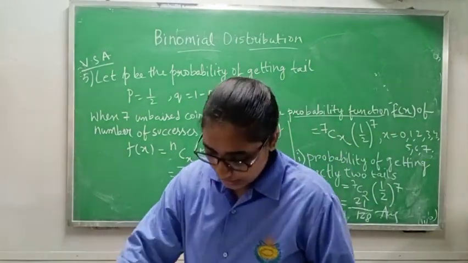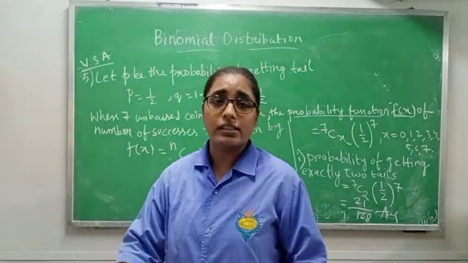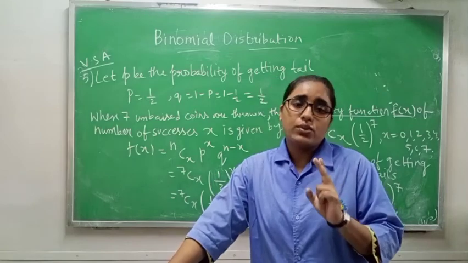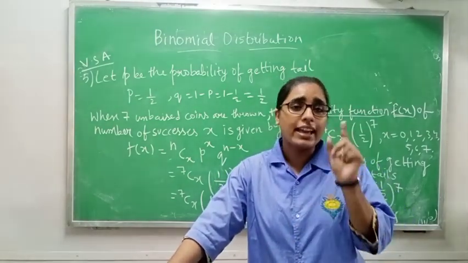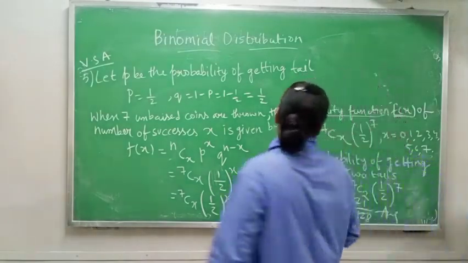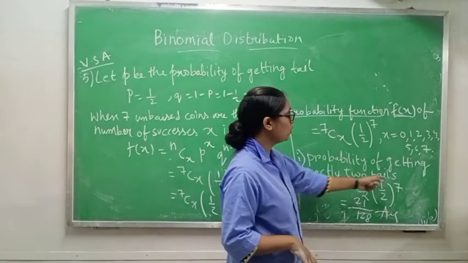Okay. Now they are asking, find the probability of getting exactly 2 tails. Exactly 2 tails means only 2 tails will be there, not more than that, not less than that. It means the x value is 2, the success value is 2. That is why I have written Roman 1, probability of getting exactly 2 tails.